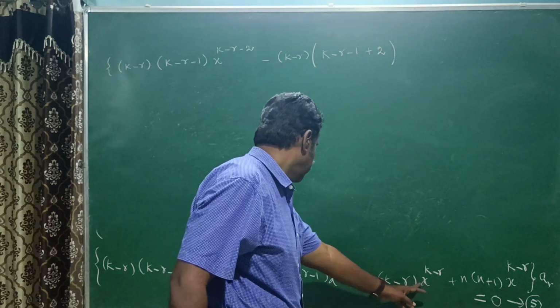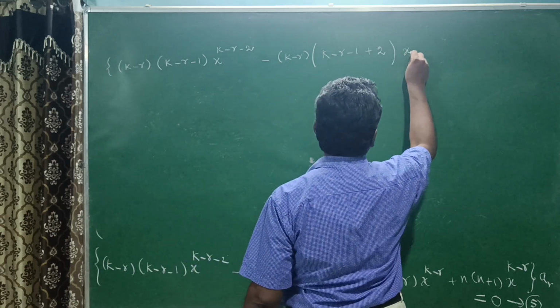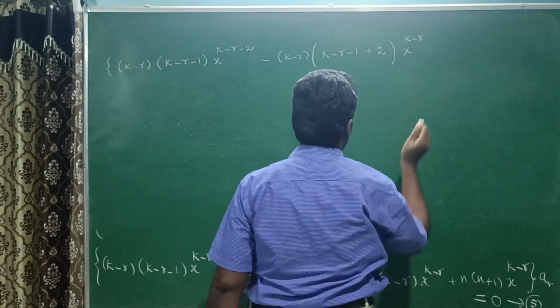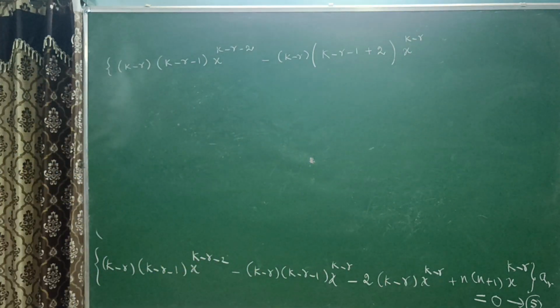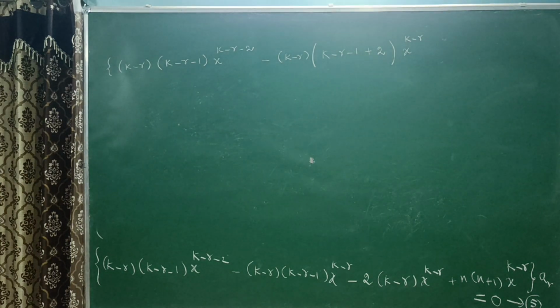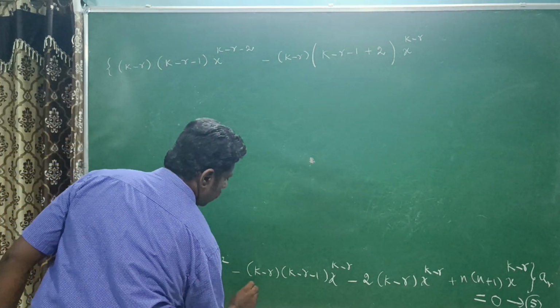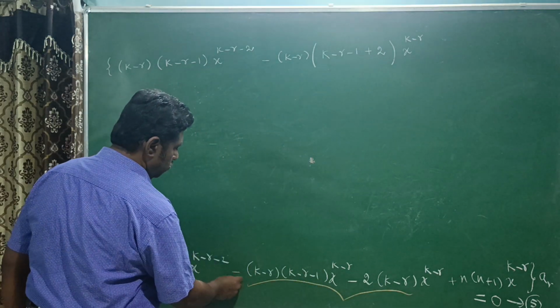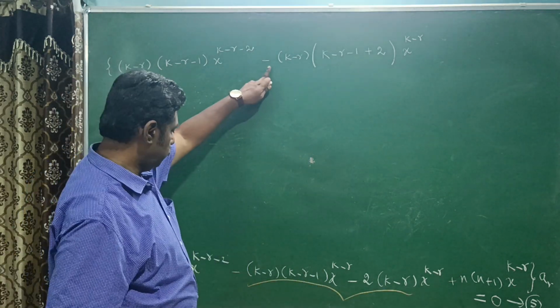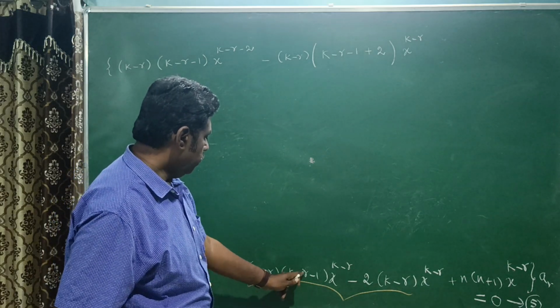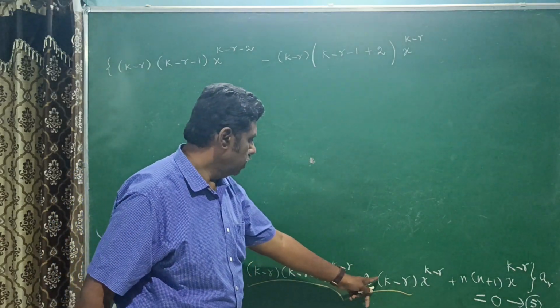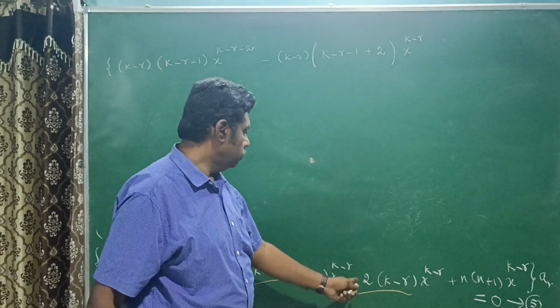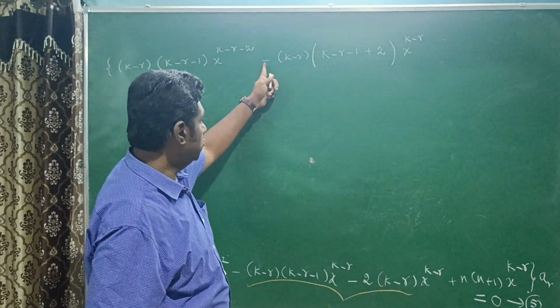This is multiplied by x power k minus r. Just we have combined these two terms. We have taken this minus (k minus r) outside. So (k minus r minus 1) plus 2, because we have taken out minus (k minus r) as a common term.